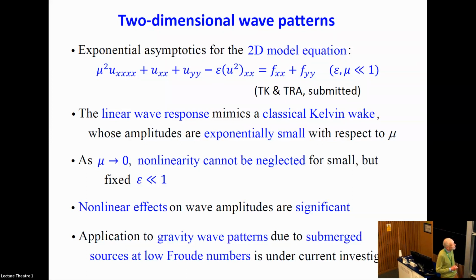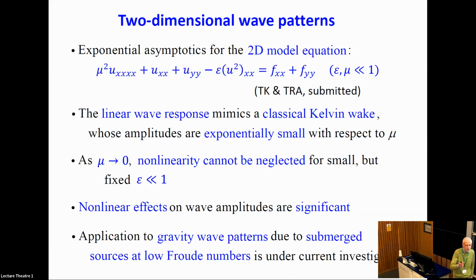So the linear wave response mimics the classical Kelvin wake, and the amplitudes are exponentially small with respect to mu, which plays the role of the Froude number in the fluid mechanics problem. As the Froude number becomes small, nonlinearity cannot be neglected for small but fixed epsilon.